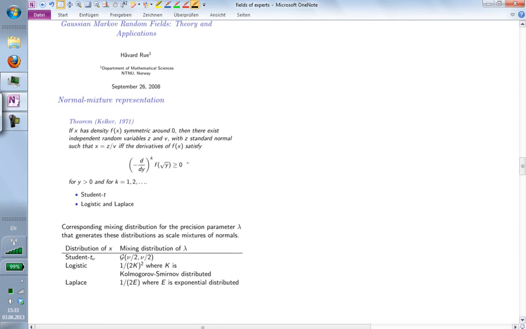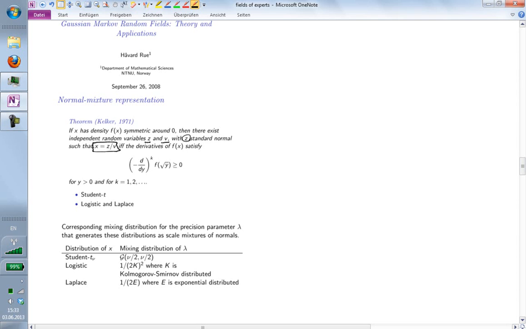Namely, if you have random variables z and v, and z is a Gaussian, then you can create a new variable x, given by z divided by v. And now, of course, various choices of v will give you different distributions for x.